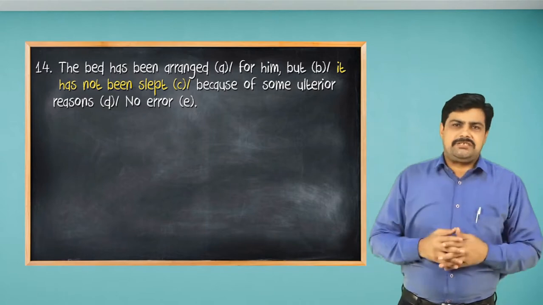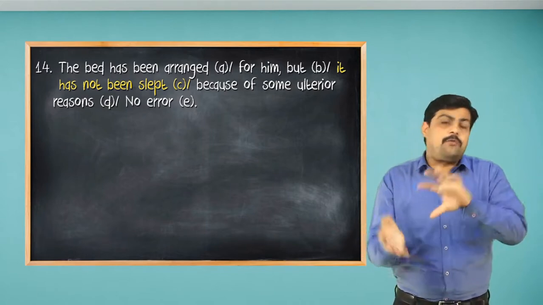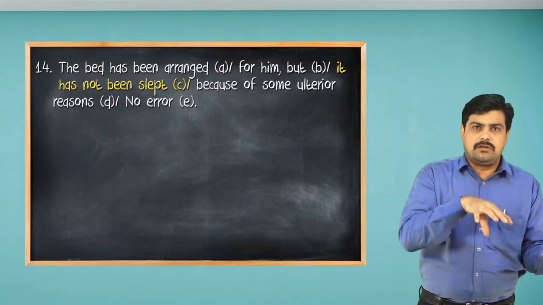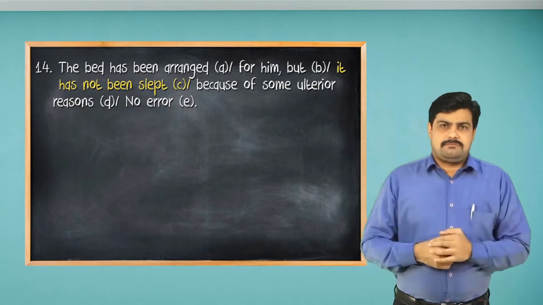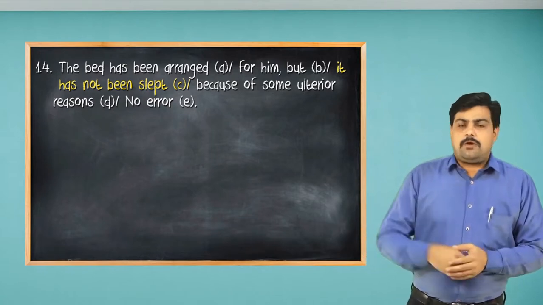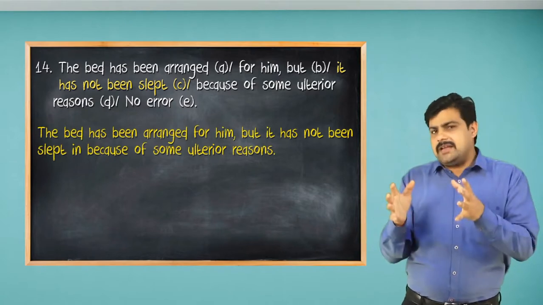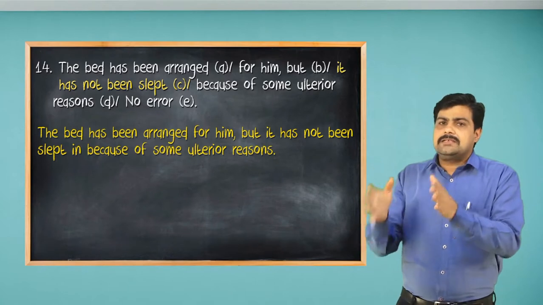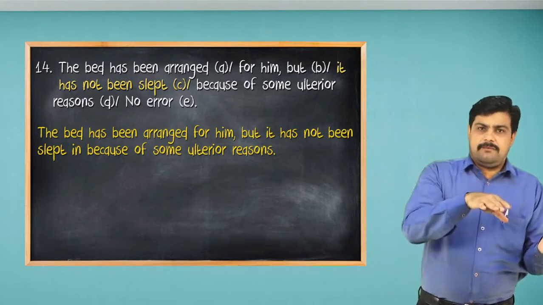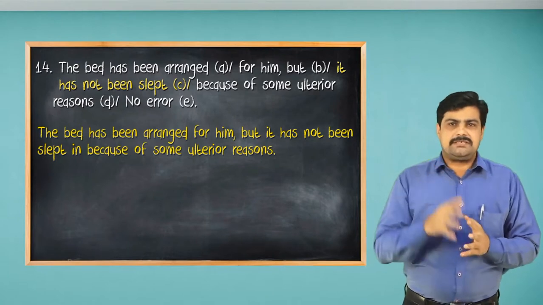In such cases, we should use a preposition to pass over the action. That is the rule. So use in just after slept, the verb. Now see the correct sentence. The bed has been arranged for him, but it has not been slept in because of some ulterior reasons. Now the sentence is right.